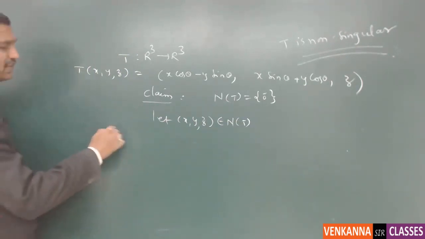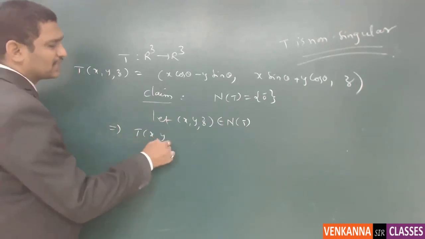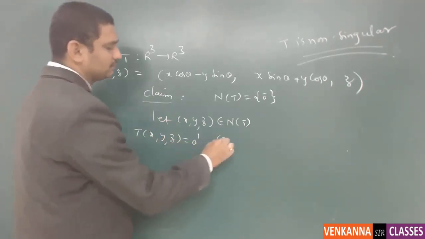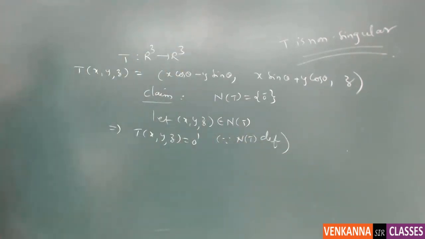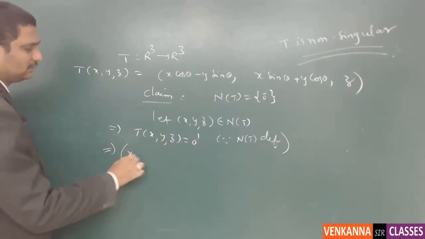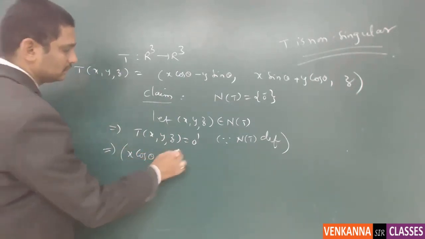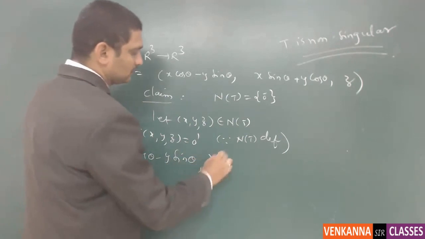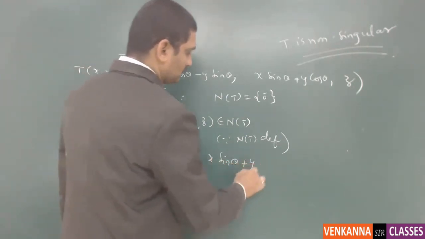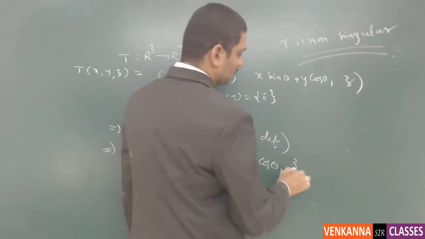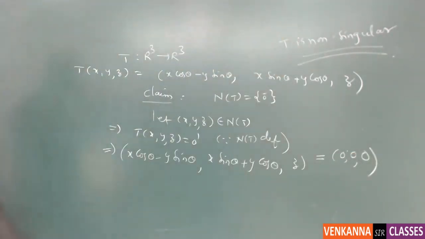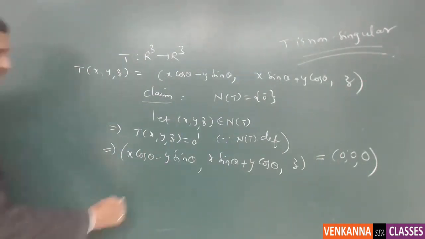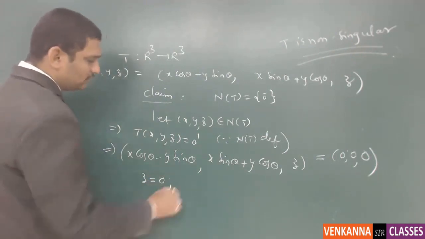So from this definition we can say T of (x, y, z) is nothing but 0'. If you substitute the values and equate the respective coordinates, you will get z equal to 0.